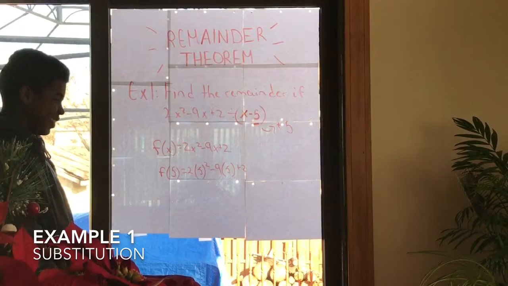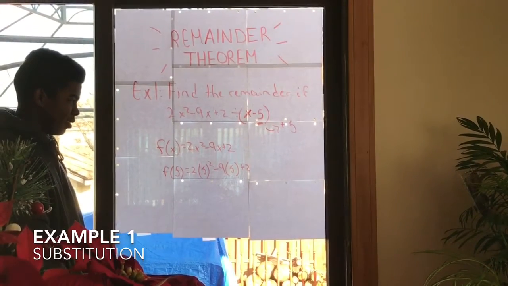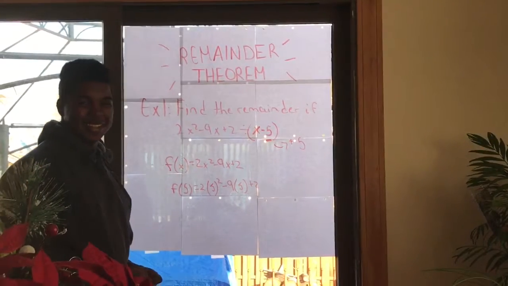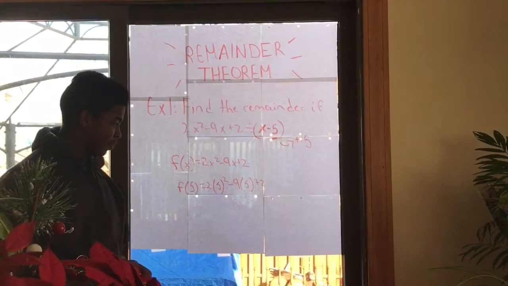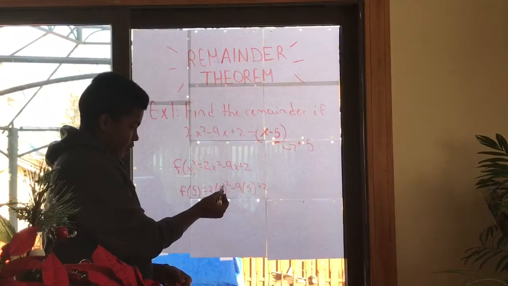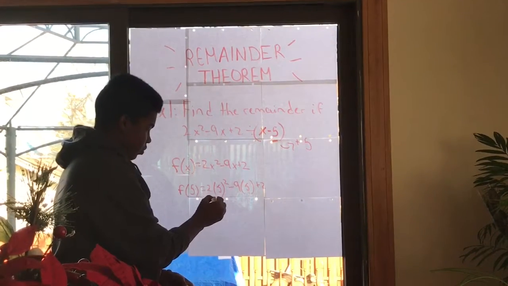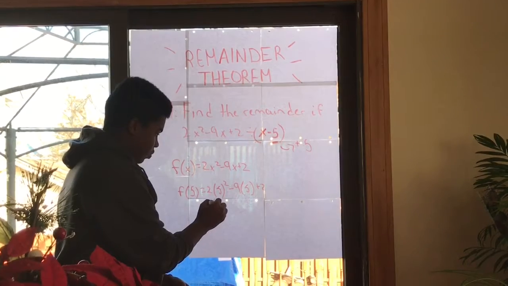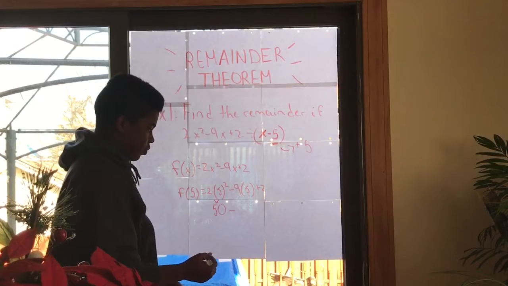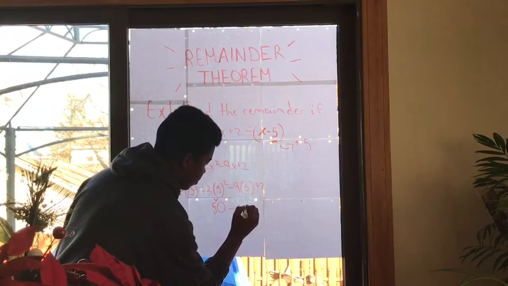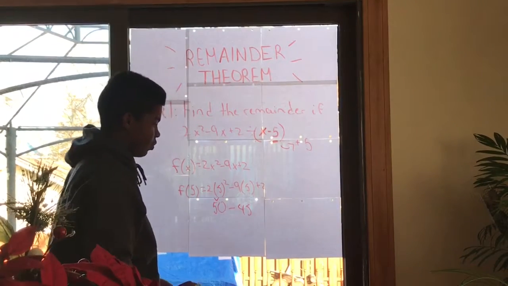Okay, so next we're going to multiply, we're going to solve. So 5 squared is 25, and 25 times 2 is 50, minus 9 times 5, which is negative 45, plus 2.